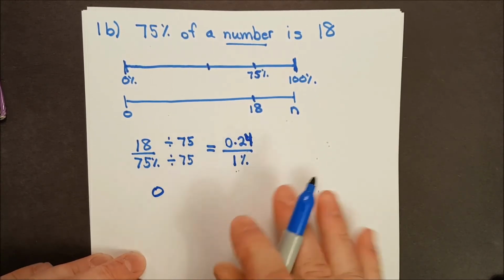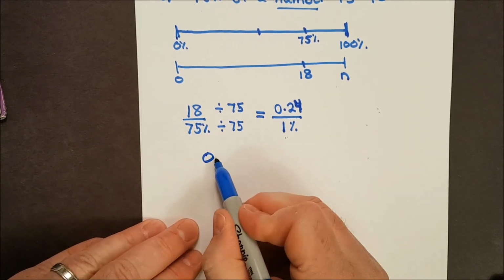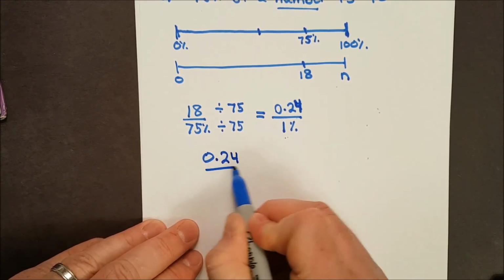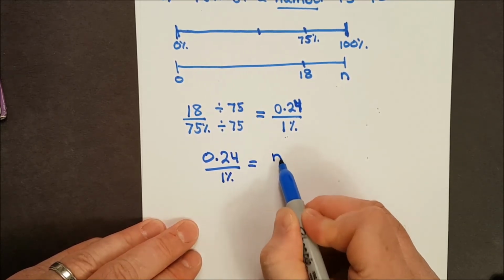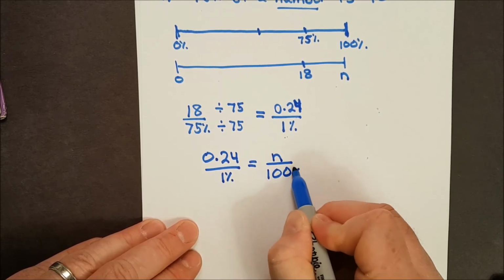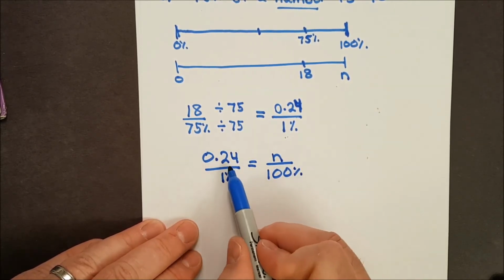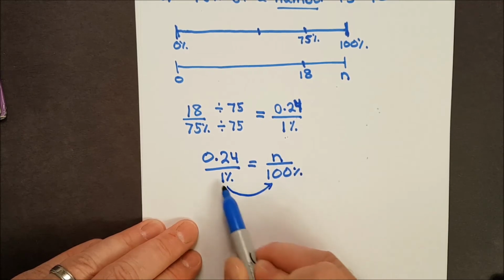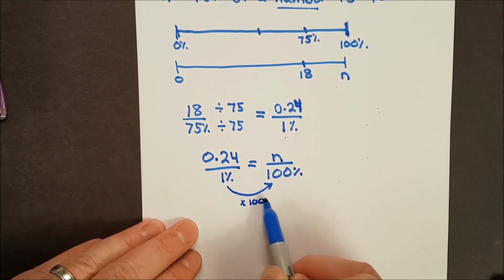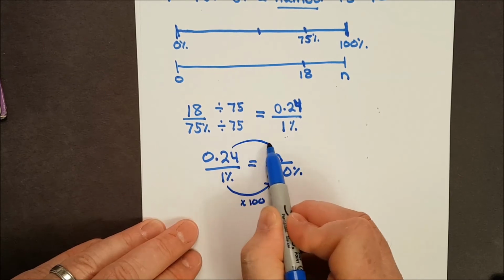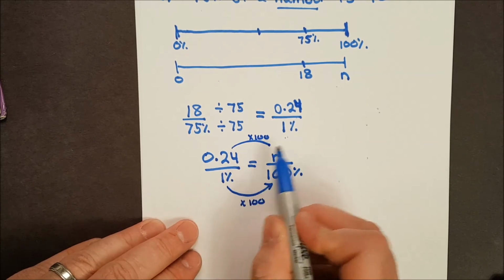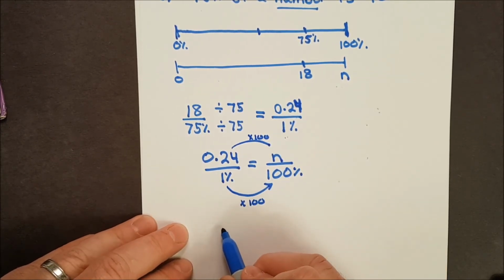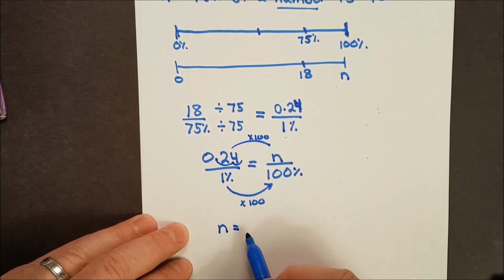So let's write that down here. 0.24 over 1 equals n over 100%. So once again, to get from there to there, we multiplied by 100. And from here to here, we have to multiply by 100 as well. And 0.24 times 100 is, and in this case, let's move the decimal place over 2, is 24.